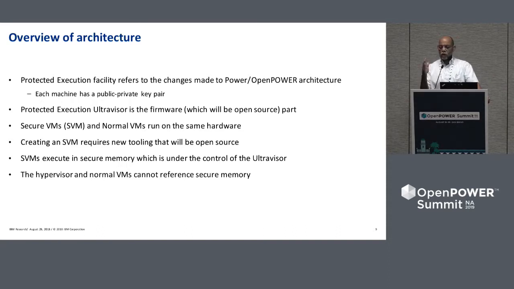It's important to note that all secure virtual machines start execution as a normal virtual machine, and then they issue a new syscall. If you're familiar with the architecture, we have syscall level 1, level 2. We introduce level 3, which goes directly to this new firmware. And neither the hypervisor nor normal virtual machines can reference secure memory, and in fact, most of the hardware can't reference it.